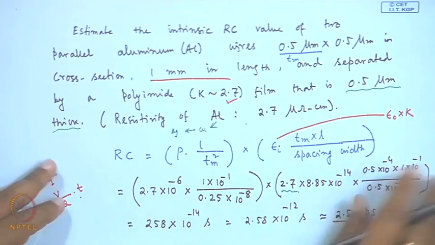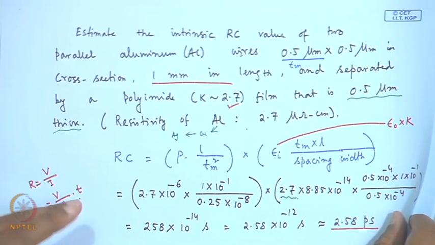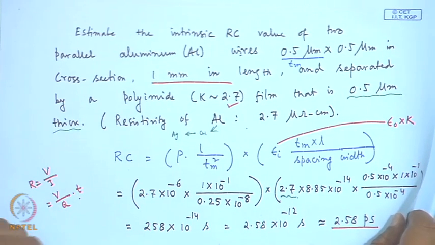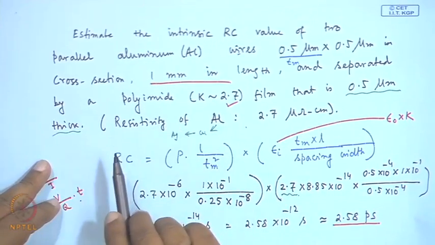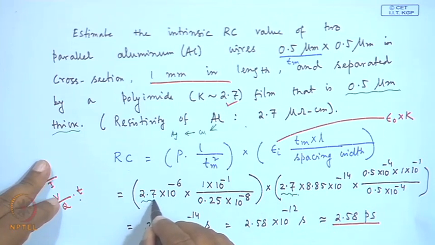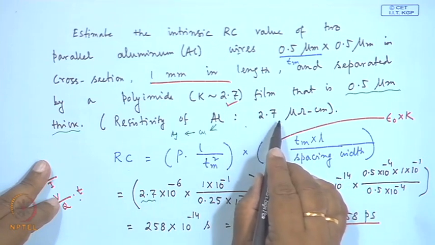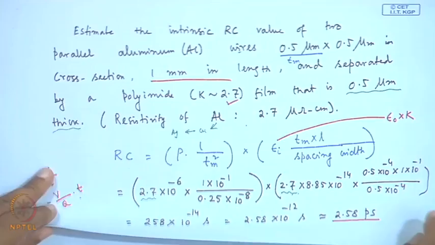So, that is an estimation of the time delay in an RC network where aluminum and polyimide is used, or if you use some other film instead of polyimide. So, this will go down and the resistivity will also go down at the same time if you use copper or silver. So, further reduction of the time delay is possible.